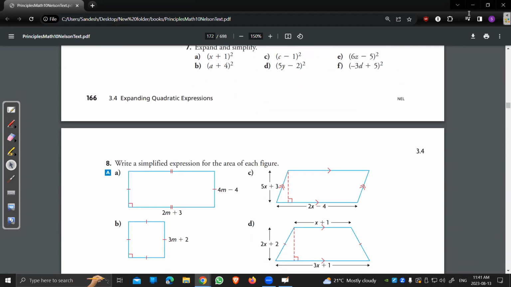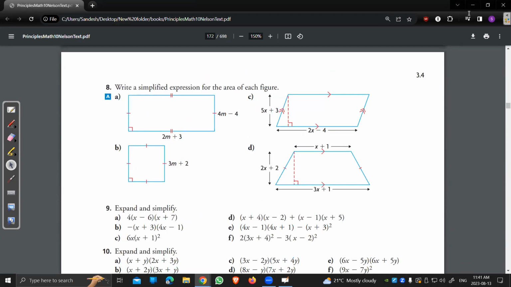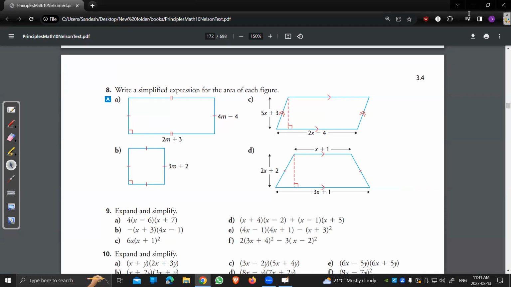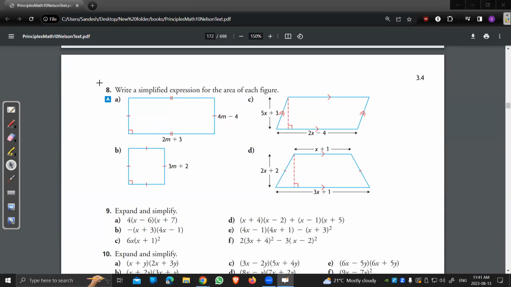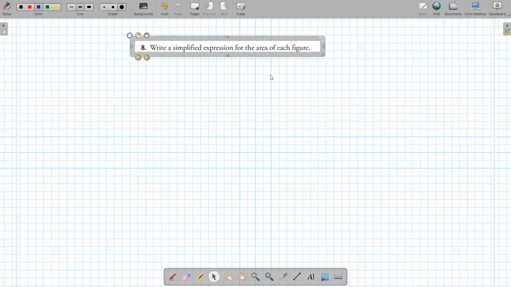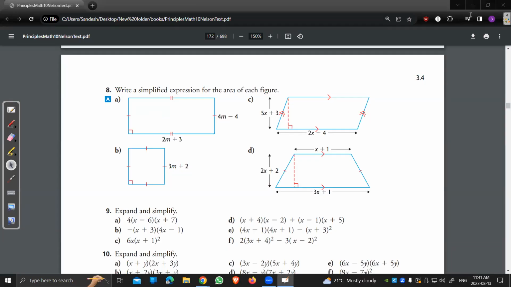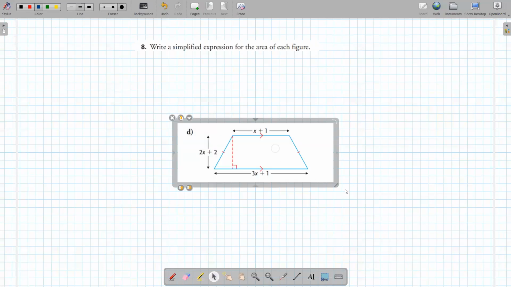Most of this is the same thing. What is this shape?